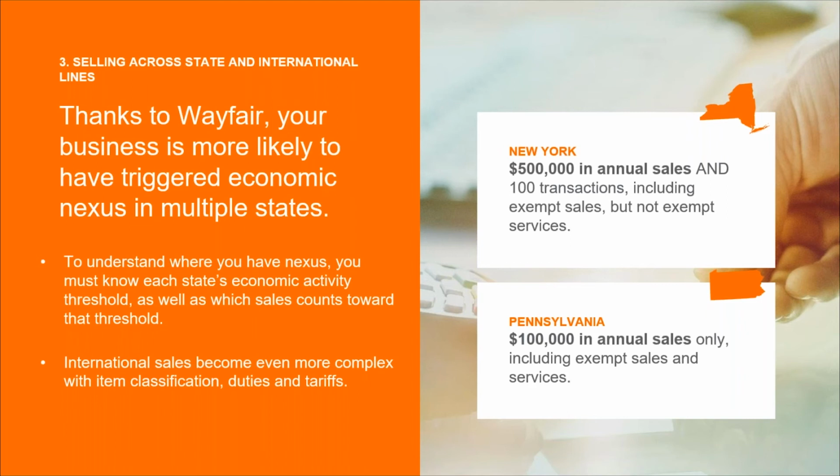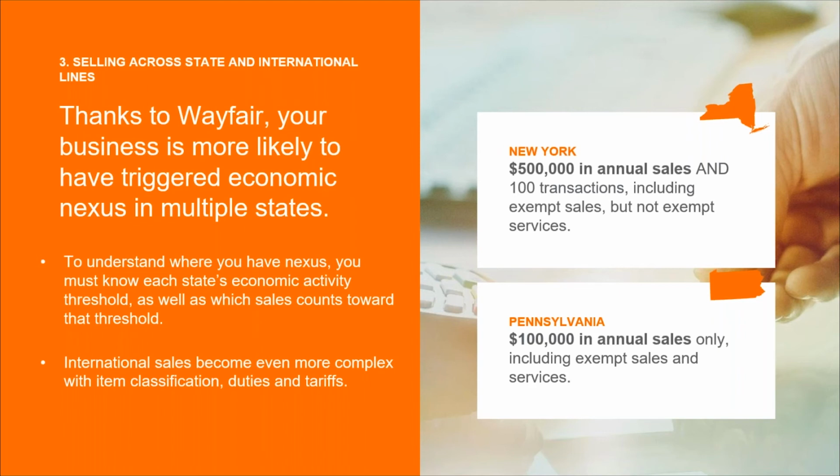The third item here is selling across state and international lines. As we talked about, thanks to Wayfair, your business is more likely to have triggered an economic nexus in multiple states. We looked at some of those thresholds. Here's two more for you. It's $500,000 in annual sales and 100 transactions in New York, and that includes exempt sales, but not exempt services.